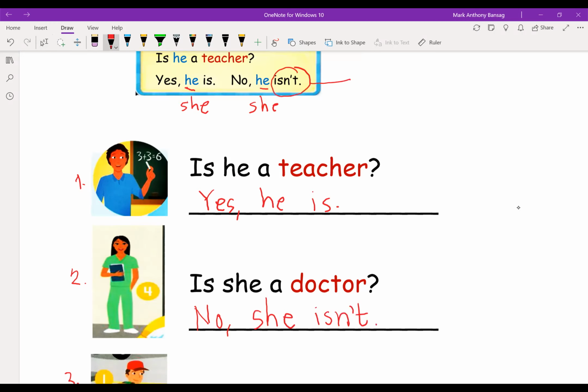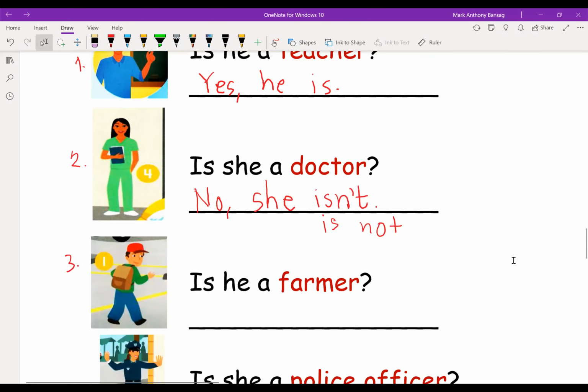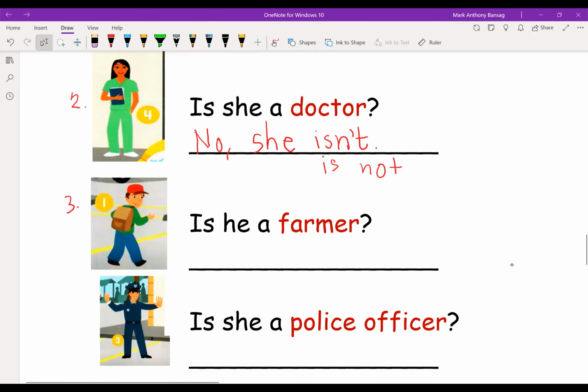All right. So instead of isn't, another way to say that is not. So no, she isn't, or we can say, no, she is not. For number 3, is he a farmer? Is he a farmer?